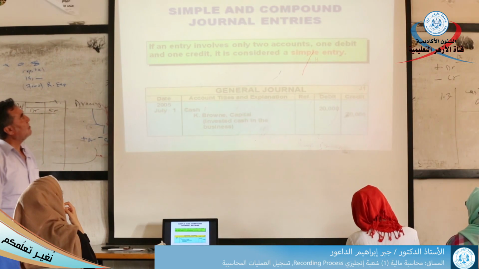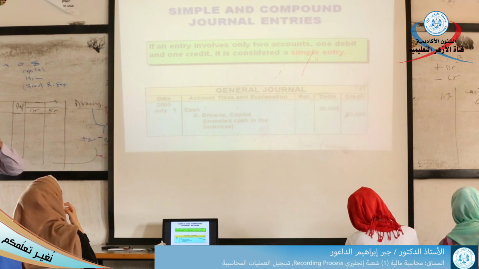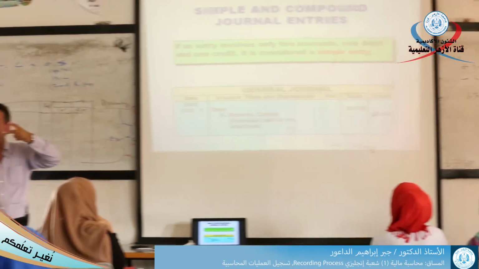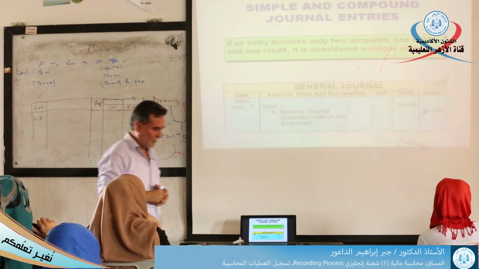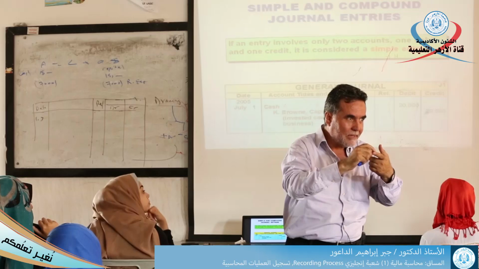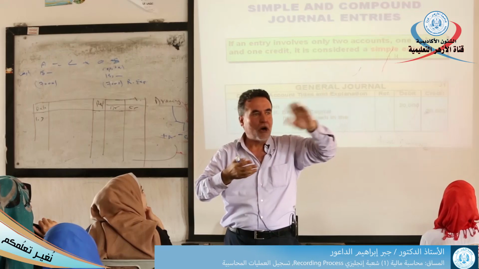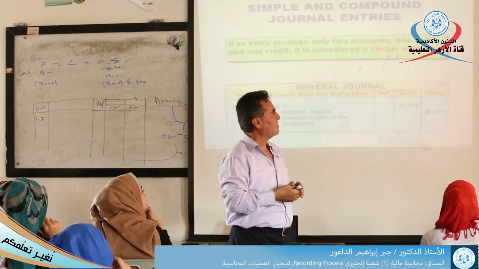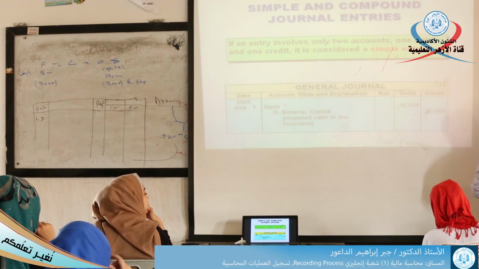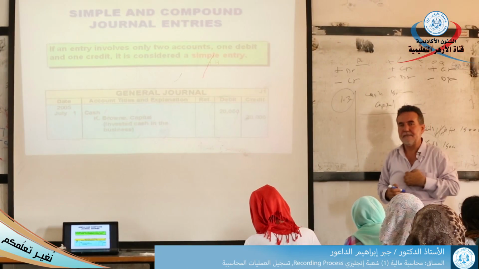Simple and compound journal entries. A journal entry, any entry, has two sides, the debit side and the credit side. Also, any side has an amount, whether credit or debit. And there is a date, because transactions have a date.